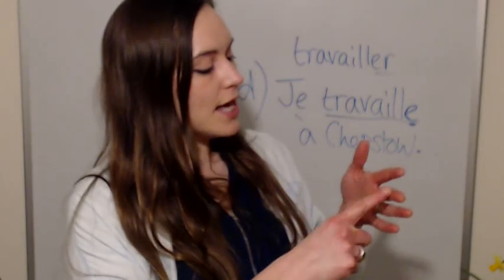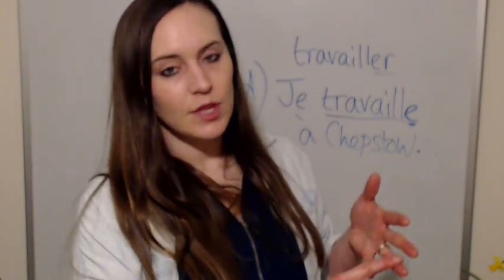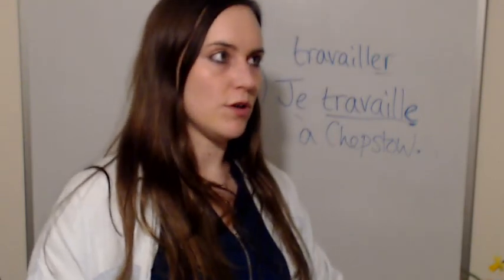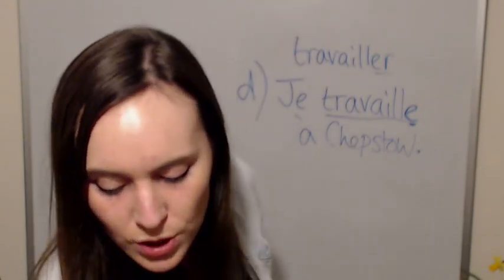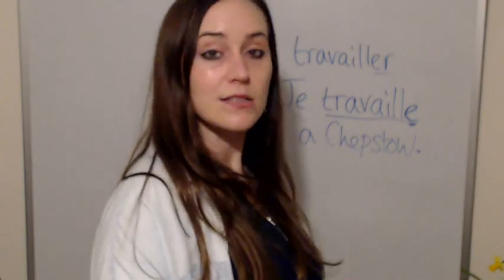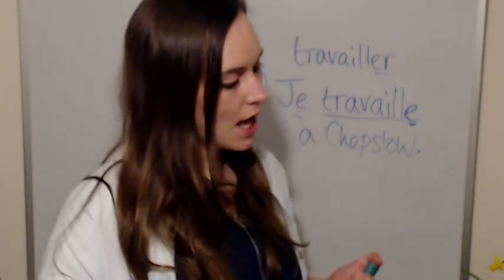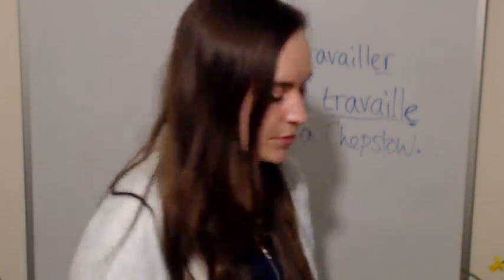And then we also briefly looked at how you say a something or other. So if it's le, it will be un stylo. If it's la, it will be une balle, par exemple.